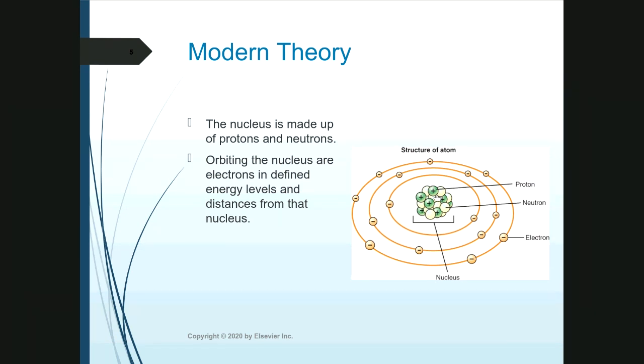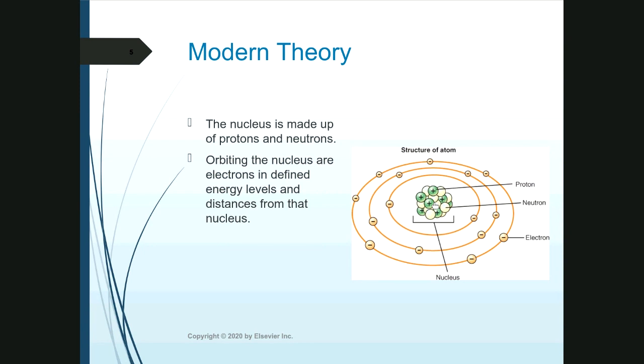And when we look at the protons and neutrons collectively, we call those nucleons. The protons and neutrons together in the nucleus are collectively referred to as nucleons. And that is found on page 18 of your book, where it references that the atom has a nucleus made up of protons and neutrons, collectively called the nucleons.